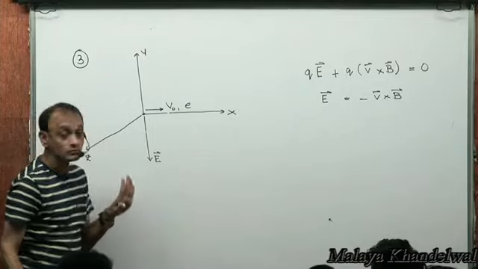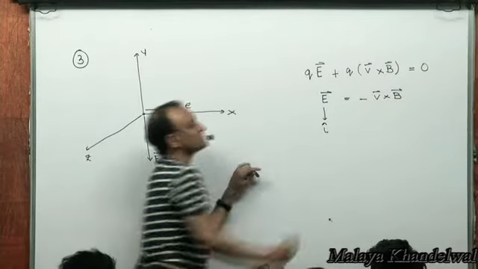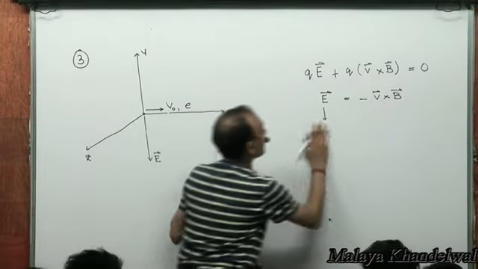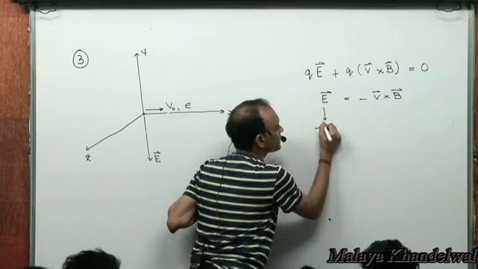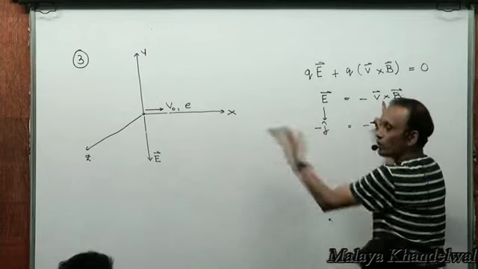Now, the direction of E is along minus j cap, and V is along i cap.